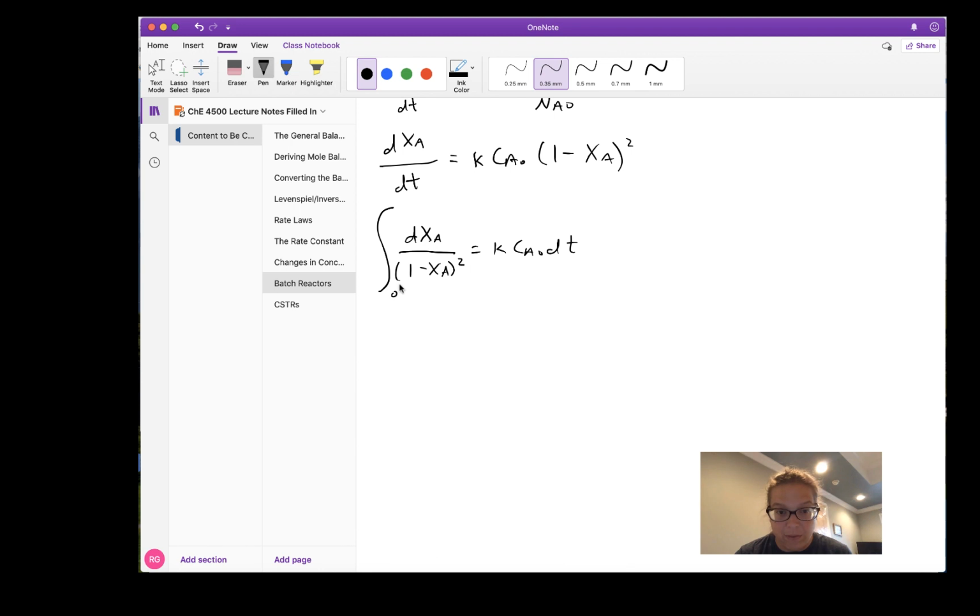Here I would go from 0 to 0.6, and here I am going to go from 0 until time t. If I perform that integration, I'm going to get t is equal to 1.5 divided by k times CA0. So that is how long it would take to get to 60% conversion with my constant volume batch reactor.